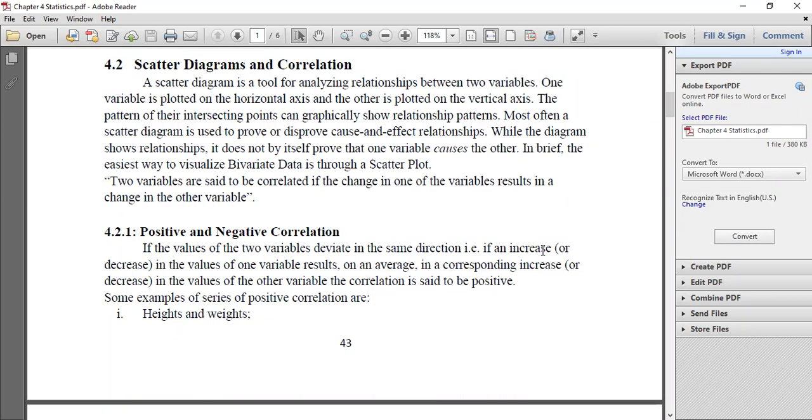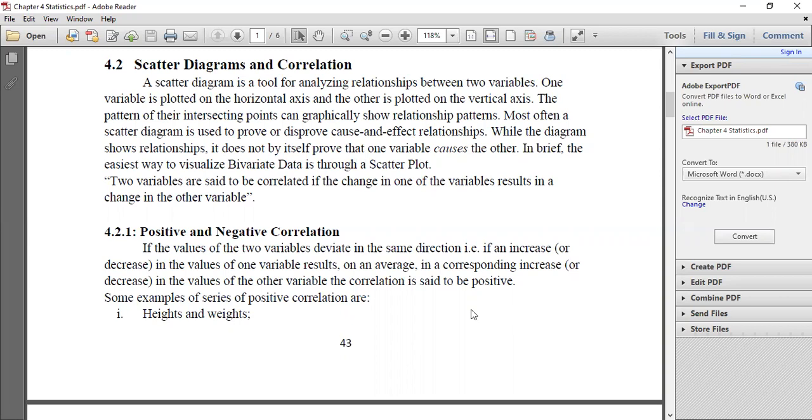So if one variable increases and it causes the other variable to also increase, then we have a positive correlation. But in the instance where one variable increases and the other variable decreases, at such a point we say we have a negative correlation. And we are going to see how that happens.